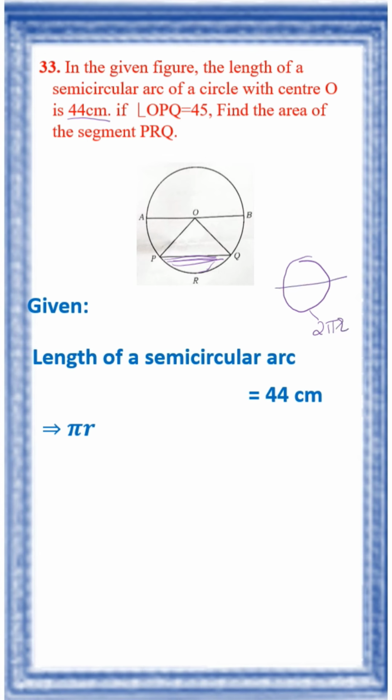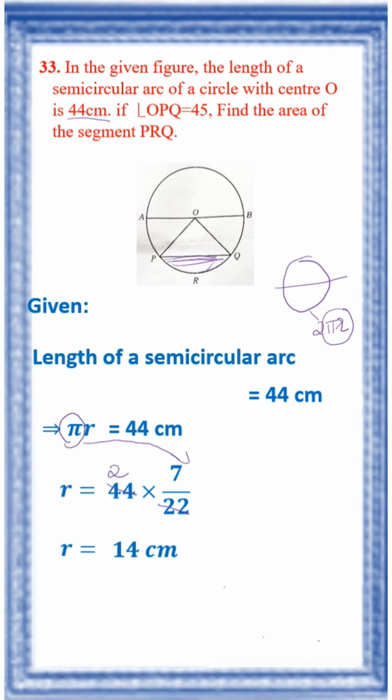Semicircular arc pi r is equal to 44 centimeter. So radius is equal to 44 into, pi is 22 by 7. When we transpose it to the other side, it will change into 7 by 22. Here 22 ones are 22, twos are 2, sevens are 14. So radius is equal to 14 centimeter.